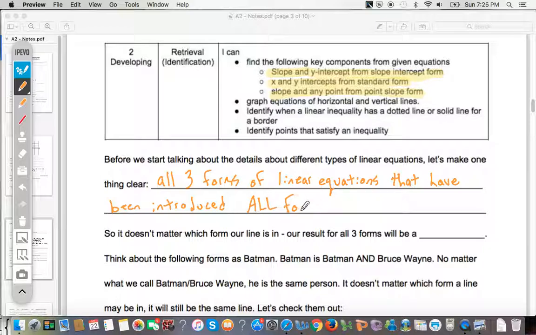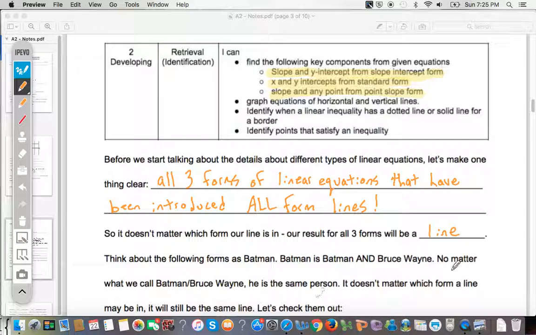It doesn't matter which equation we have, it will always be a line. Always, always. So all three forms give us a line.